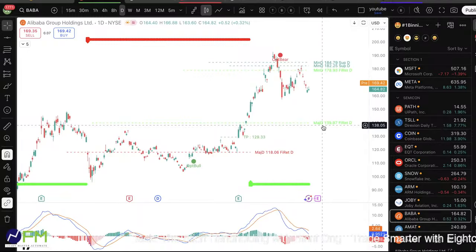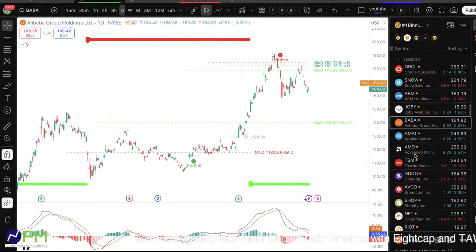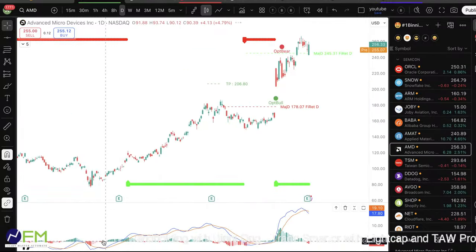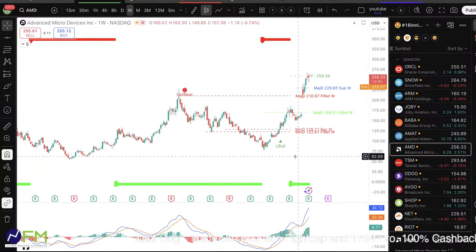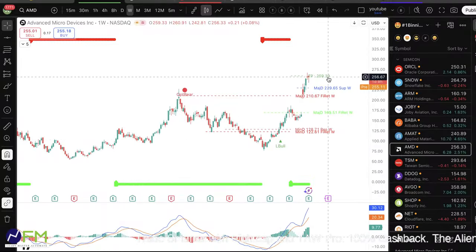So this is a very attractive level here, because all these are predicted. And I think one of the hot stocks was this one here. This was AMD. A lot of people didn't know that we had a buy signal for AMD here and a TP here.